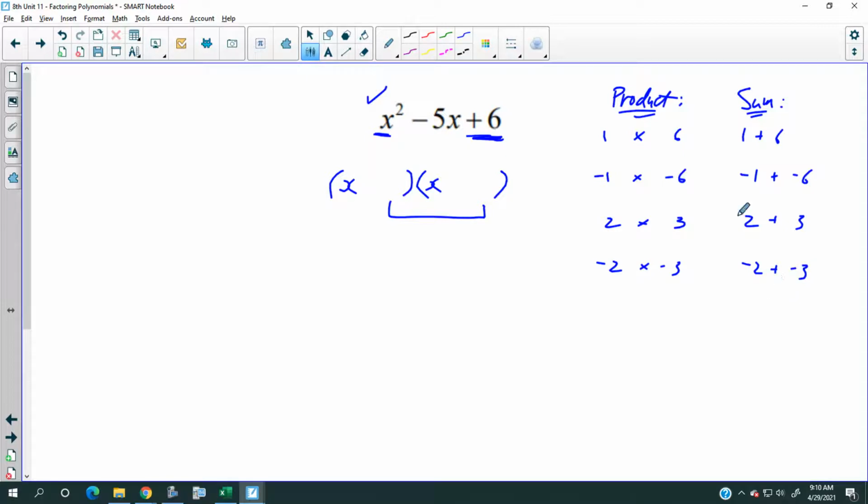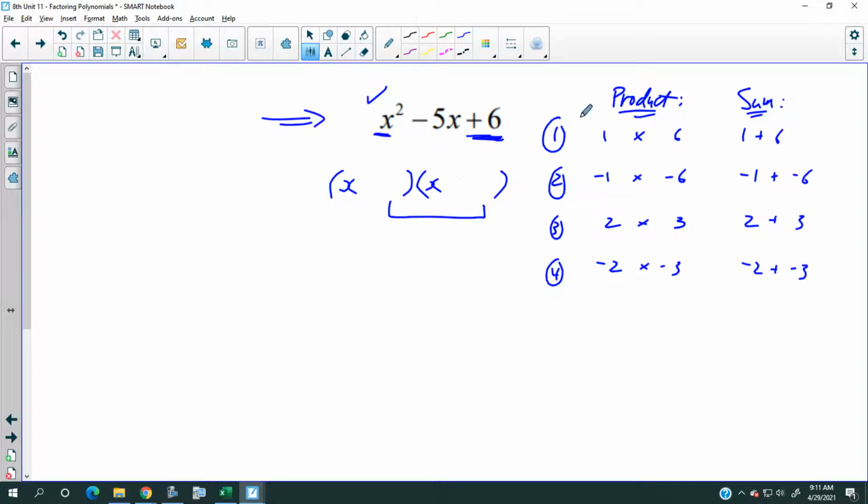So the question is something like this. What pairing can you have, which one of these 4 pairings, where if we put them in with these numbers, it'll give us back this expression?